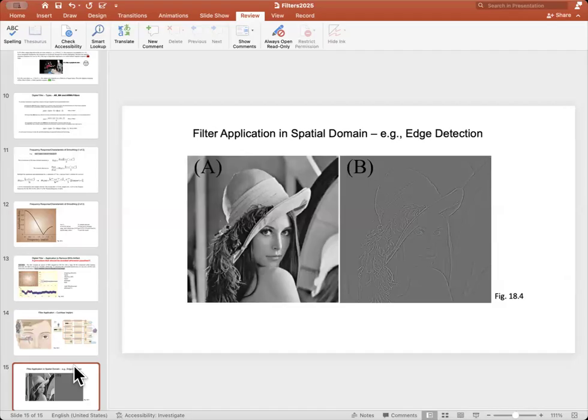You could later superimpose B on A, and then you would have an enhanced-edge picture of Lena. You could use the same filter for whatever type of image you have, and test these things out.